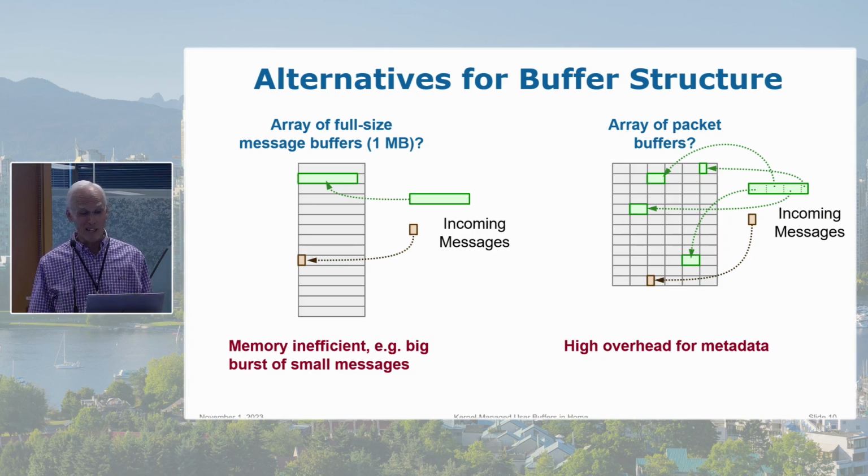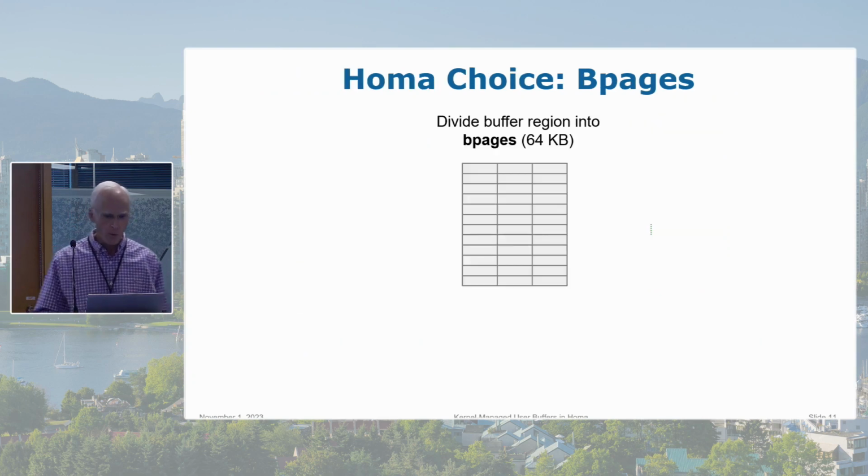And so that means that for large messages, you end up passing a very large number of buffers back to the application. And so the metadata overhead, just to pass all this to the application and for the application to iterate over all that, seemed like it would be problematic, particularly at high network speeds. You want to be able to process things in really large chunks when you're processing big messages. So what Homa does is something in between.